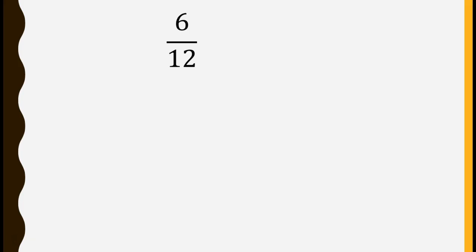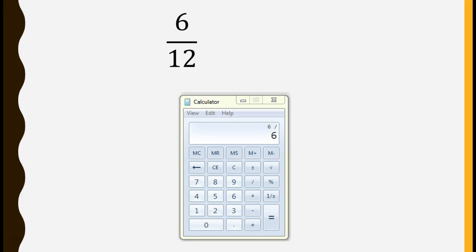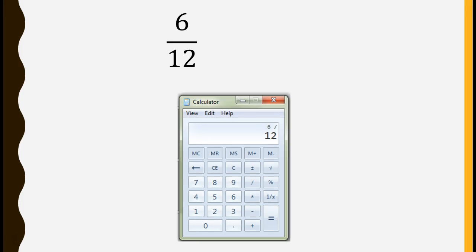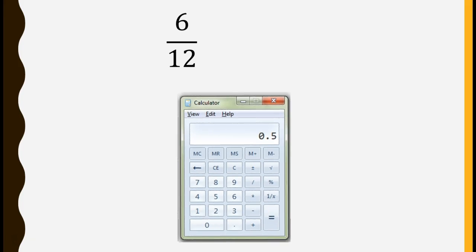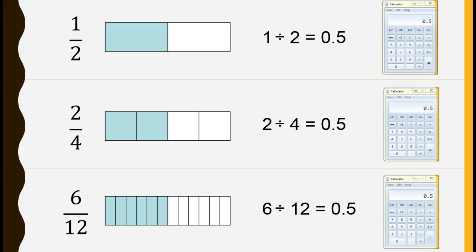Okay, let's look at our third one, 6/12. 6 divided by 12 equals 0.5. Wow, so you can see by using division and changing fractions into decimals, you can quickly see that these three fractions are equivalent because they have the exact same decimal value.